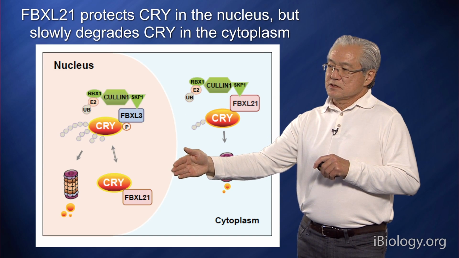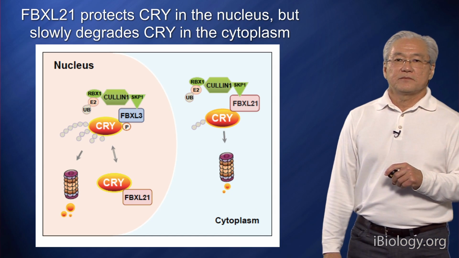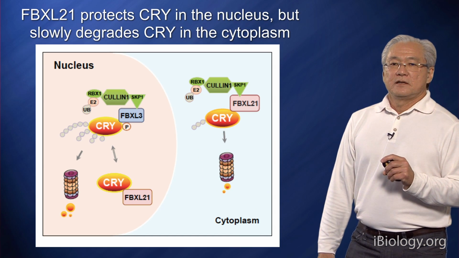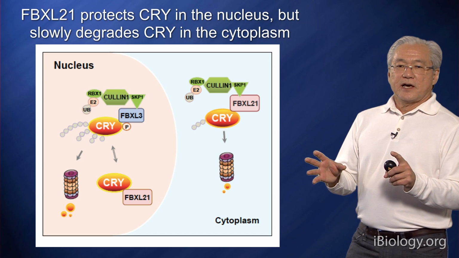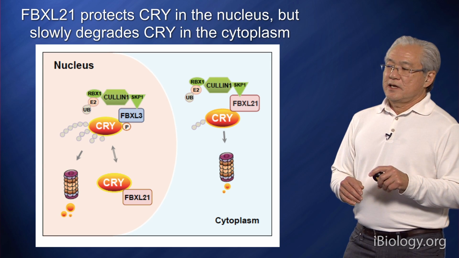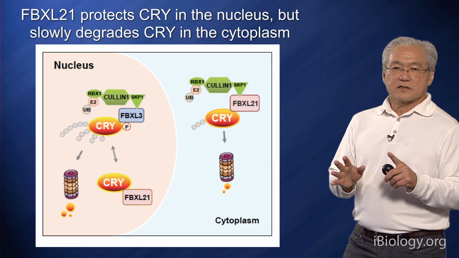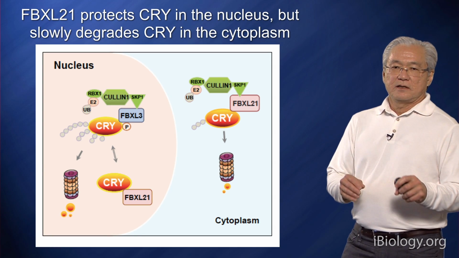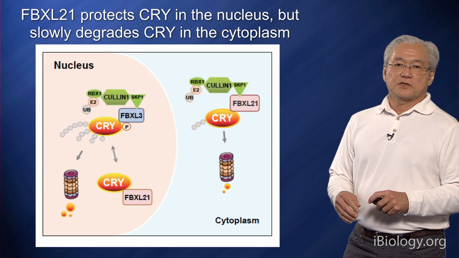And what happens is that FBXL3 is normally promoting the degradation of cryptochrome, but 21 actually competes for that and protects cryptochrome from degradation. And so that's why we think the two genes have opposite effects. 21 protects cry. FBXL3 promotes cry degradation in the nucleus.